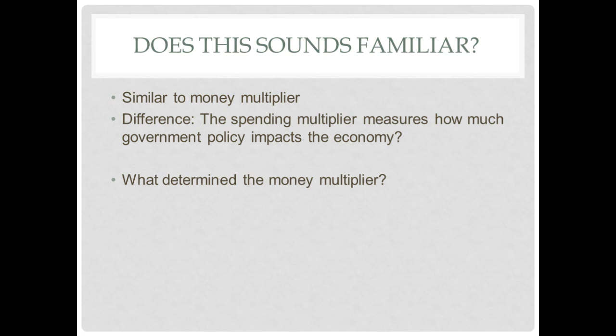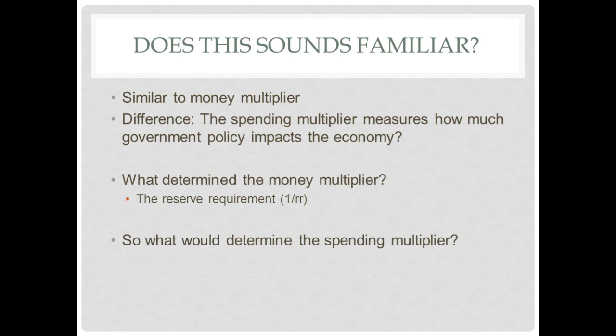Well, the multiplier was determined by the thing that would stop the money from growing as fast as possible. And what was that with the money multiplier? It was the reserve requirement. Remember, the reserve requirement said that banks had to keep a certain amount of money in the bank, and therefore that money couldn't go from person to bank, from person to bank, and grow.